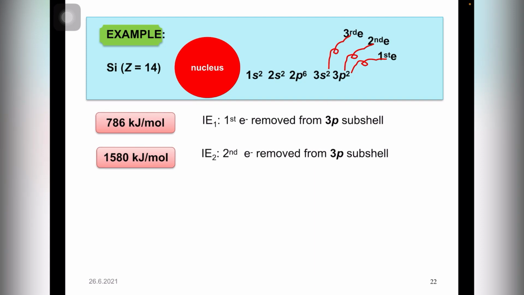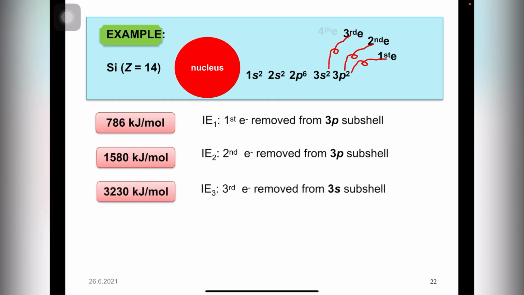So you see that the energy needed to remove the electron increases, because the electron located in the inner shell has more attraction with the nucleus compared to the outer electron.